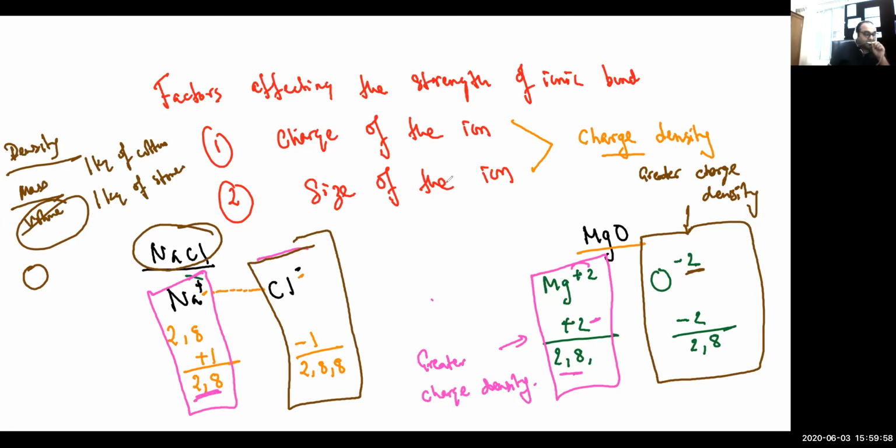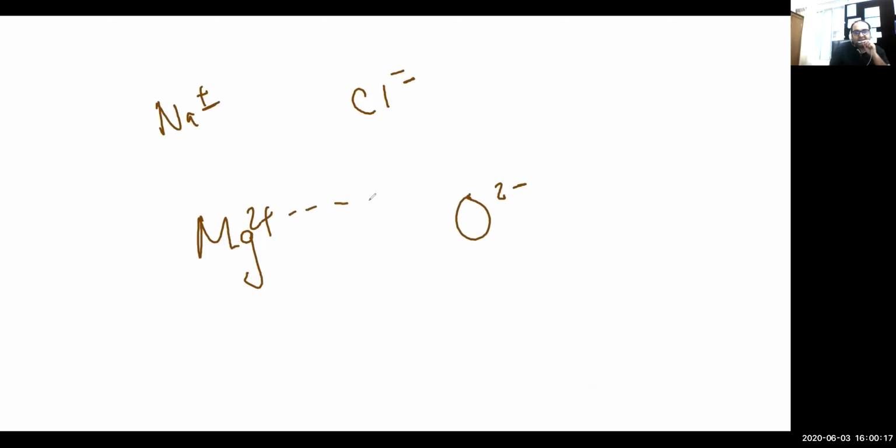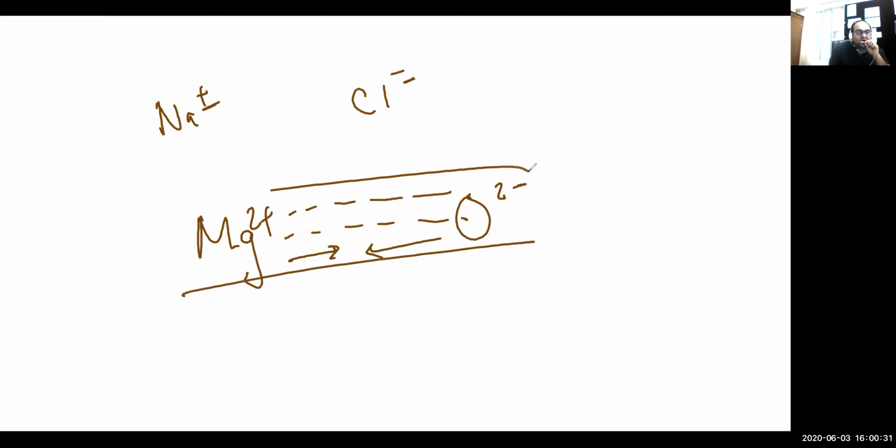So if you imagine sodium and chloride is attracting each other with just one charge, magnesium and oxygen is attracting them with double charges. So obviously magnesium oxide's attraction is going to be stronger.